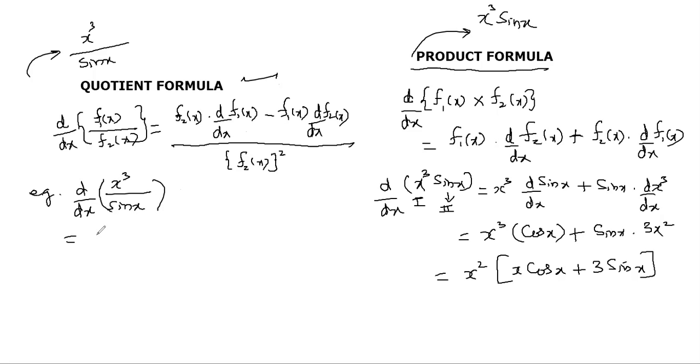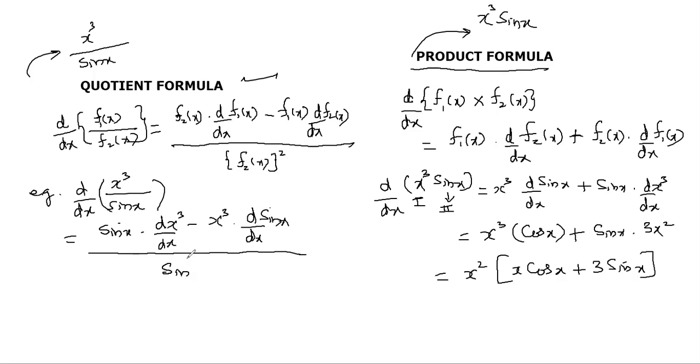So here leave the denominator first, sine x. First leave sine x and then differentiate the numerator, d by dx of x cube, minus leave x cube and differentiate sine x. And this whole part is divided by the square of the denominator function, that is sine x.